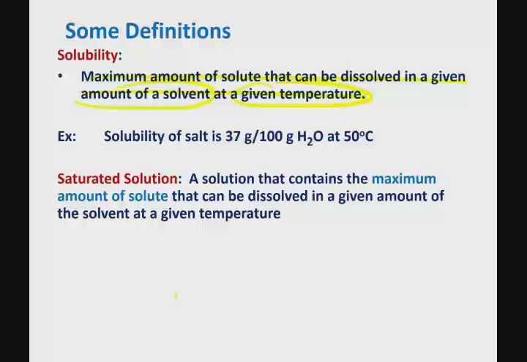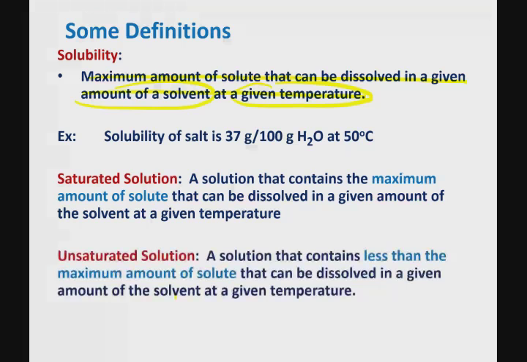A saturated solution already has the maximum quantity of solute dissolved in the given amount of solvent at that given temperature. Whereas unsaturated solution still has room to dissolve more solute in that given amount of solvent at that given temperature. It has less than the maximum quantity of solute dissolved in the given amount of solvent.